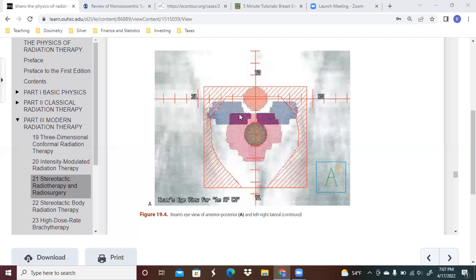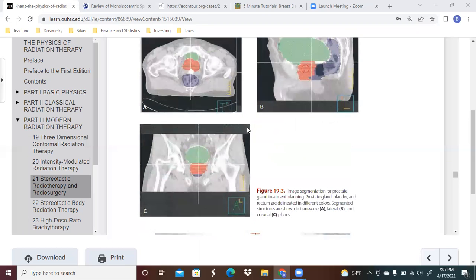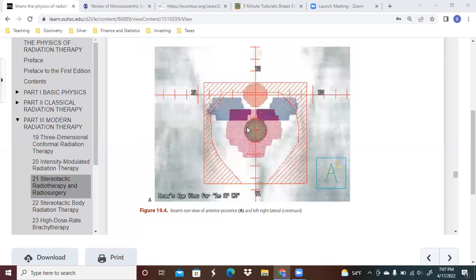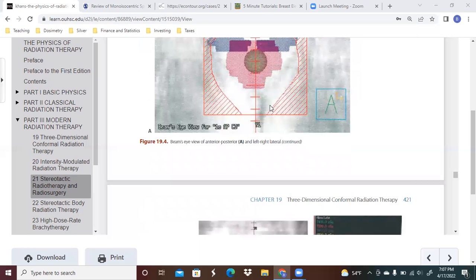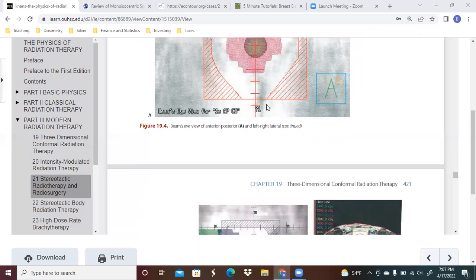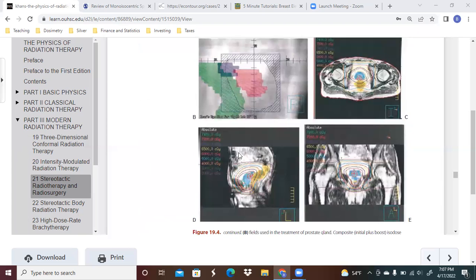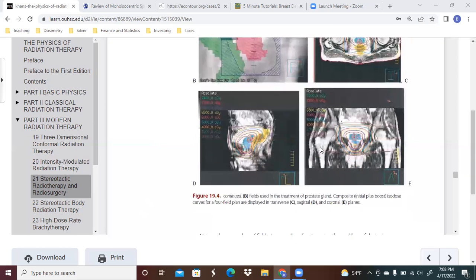3D is the most basic type of planning that you will come across nowadays. Here are some examples as you can see them. If you wanted to do a 4-field prostate, for instance, this happens to be a Pinnacle planning system.